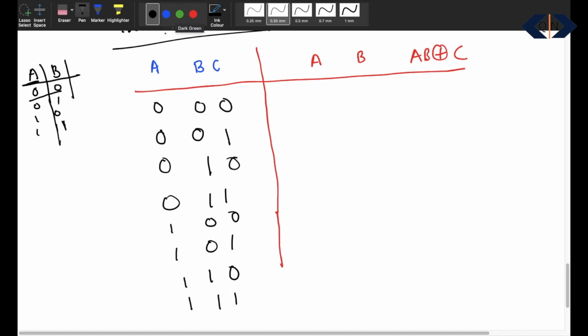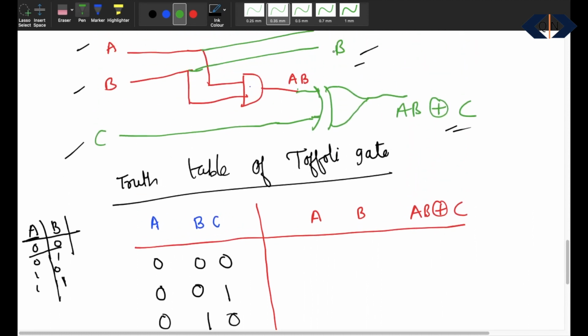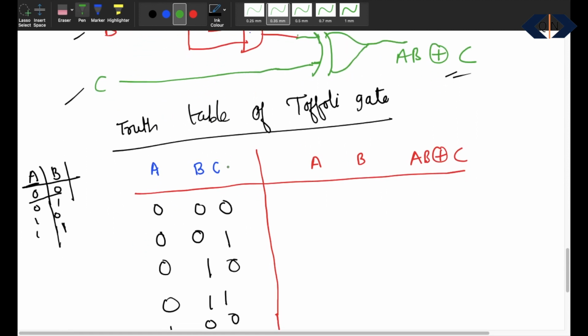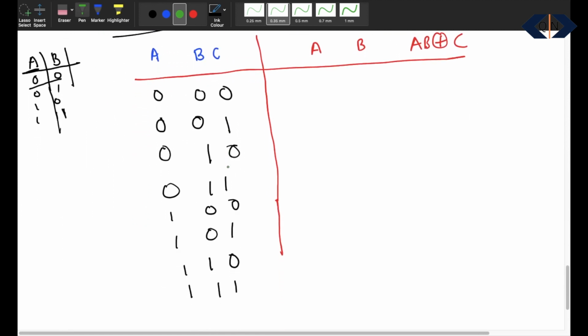Now we know that for A and B nothing has changed, because we are directly pulling the thread A, B, B. There is no operation performed, so A and B will be the same. Wait a second, let me write it in order: 0, 0, 0, 0, 0, 1, 0, 1, 1, 0, 1, 0, 1, 1, 1, 1.